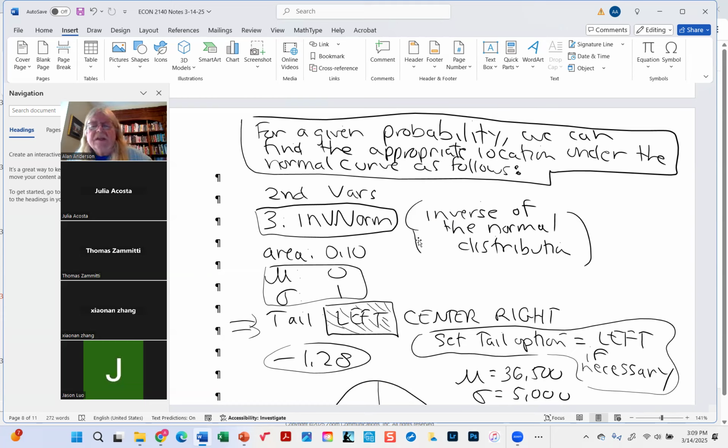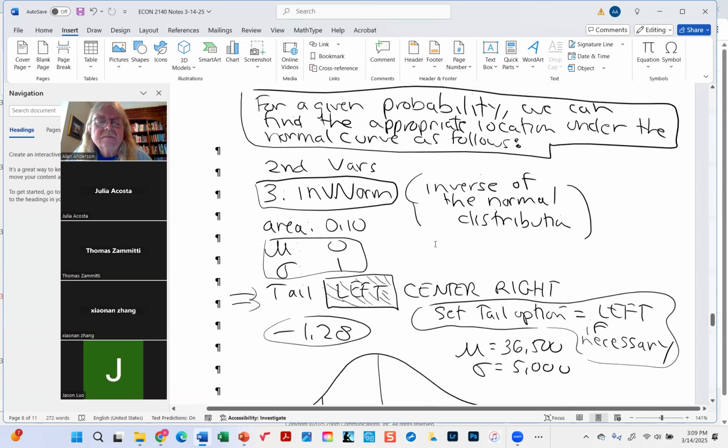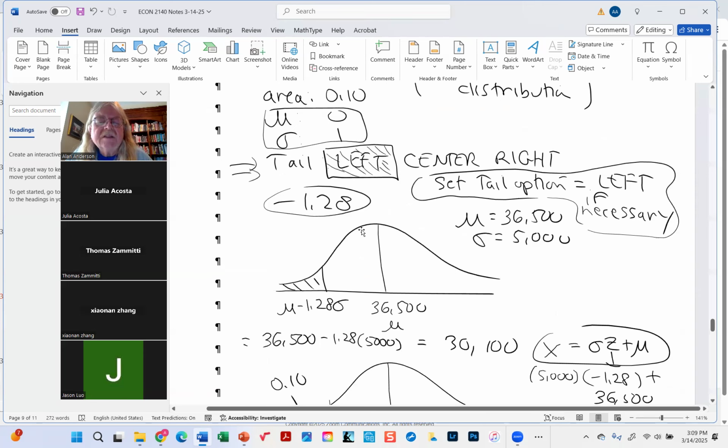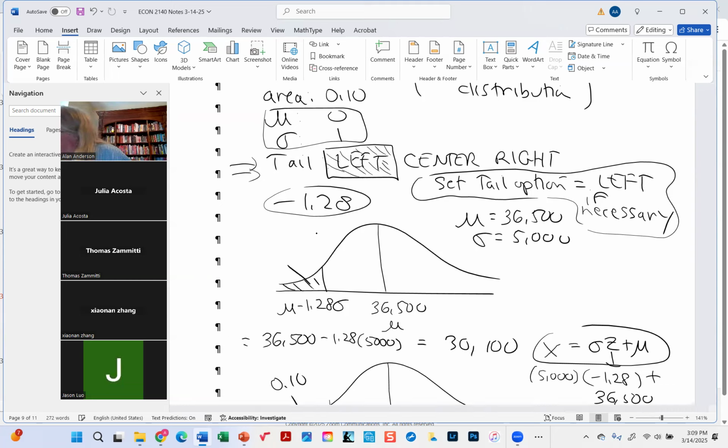And when you get finished with all that, you'll notice that it gives you back a value of approximately negative 1.28. So what that's telling us is that whatever this value is, negative 1.28 standard deviations below the mean is the boundary between the lower 10% of this distribution and the upper 90%.